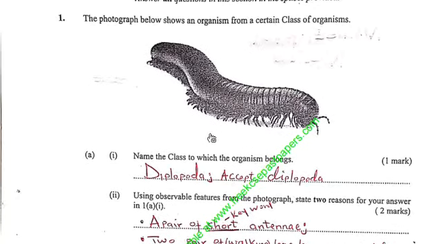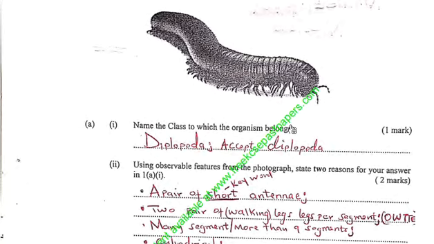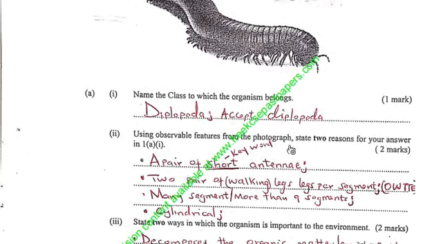Most students confuse class Diplopoda and class Chilopoda. Diplopoda, as we've looked here, an example is millipede. Chilopoda, we have centipede. The differences: while Diplopoda has a pair of short antennae, Chilopoda or the centipede has a pair of long antennae.